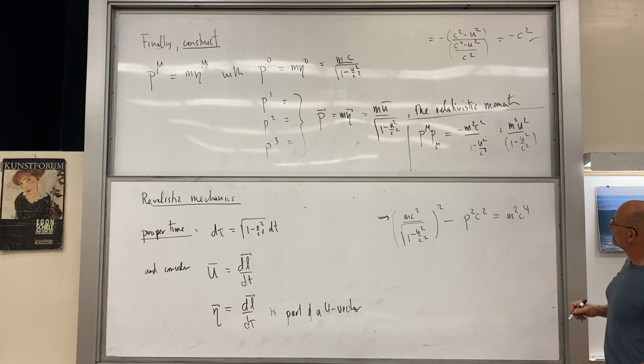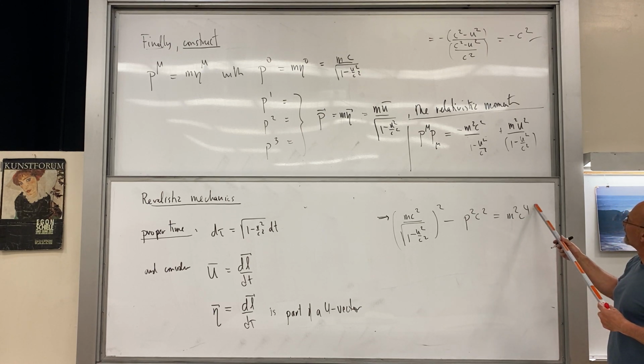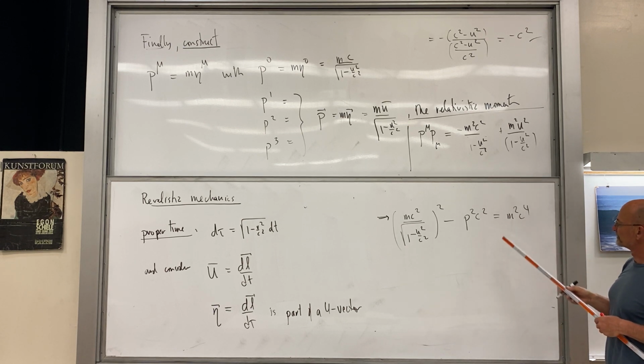So we'll get that if we multiply the whole thing through with c squared. Okay, give it another c squared.